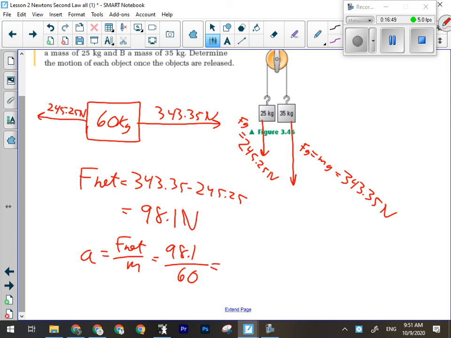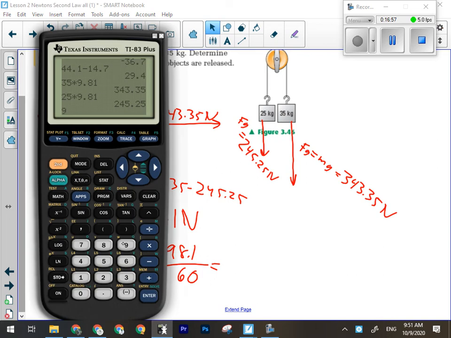Use 25. They forget this is a system, all of it is accelerating, all 60 kilograms. Okay, so when we do that, we're going to have our 98.1 divided by 60. All right, so the acceleration of the system is 1.6 meters per second squared.